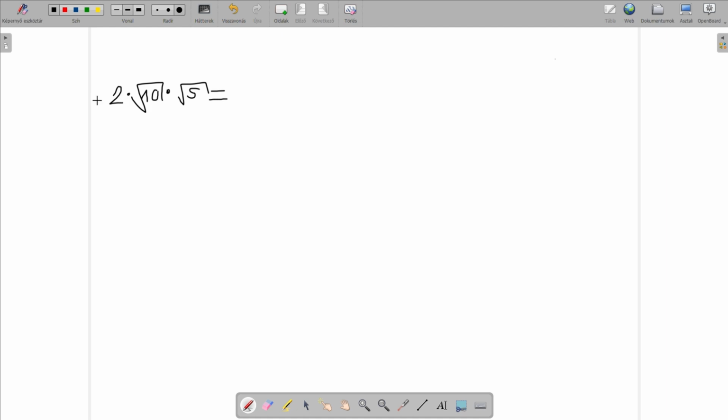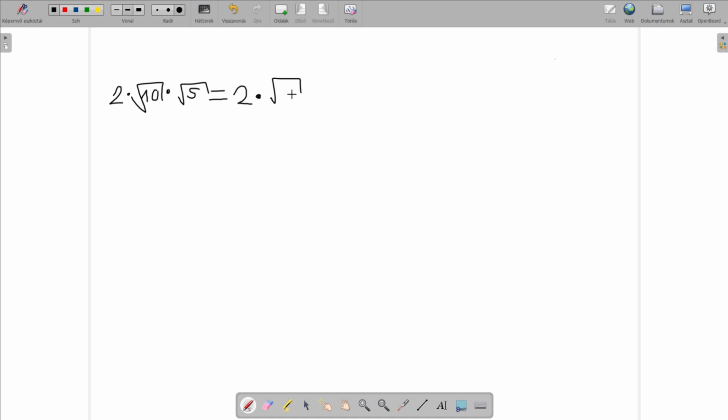Now this is an interesting one. If you have a 2 right here, the best idea is just to keep it that way. That's not a square root. You might get an integer out of this expression and multiply that by 2 or something like that. But we're just going to leave that number 2 alone for now.